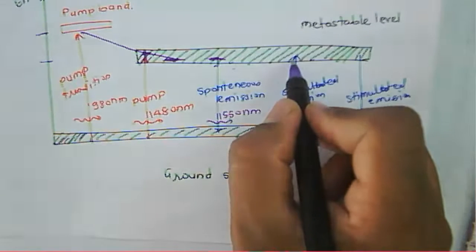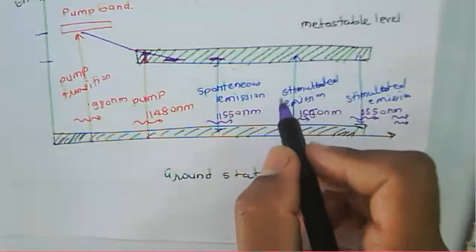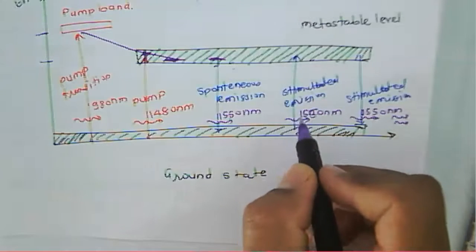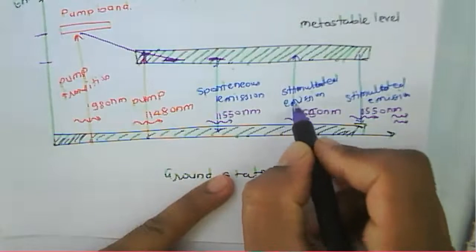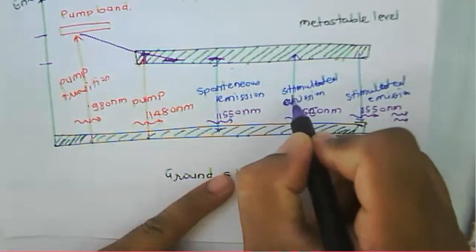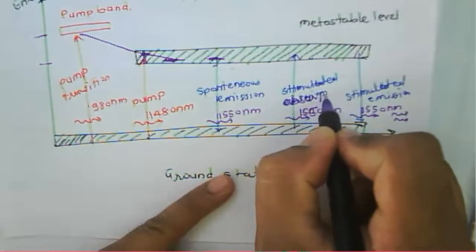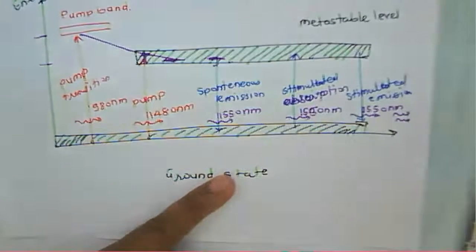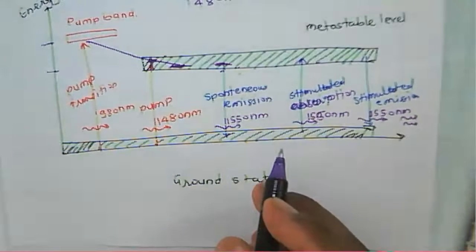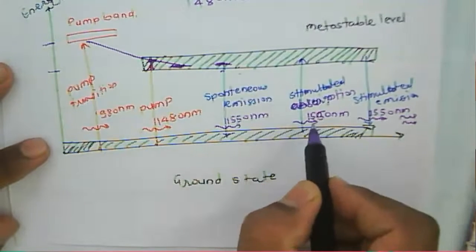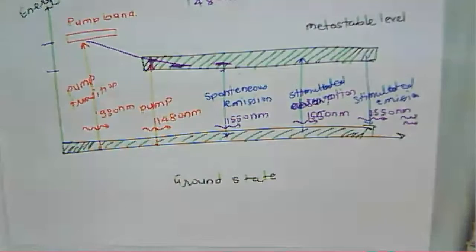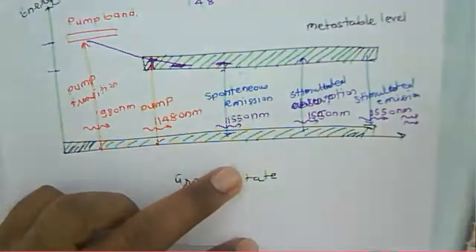And that is called a stimulated absorption. That is the process: they get the energy and reach this higher energy state.